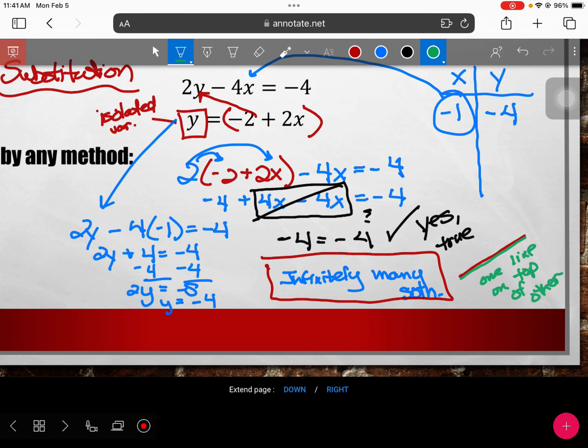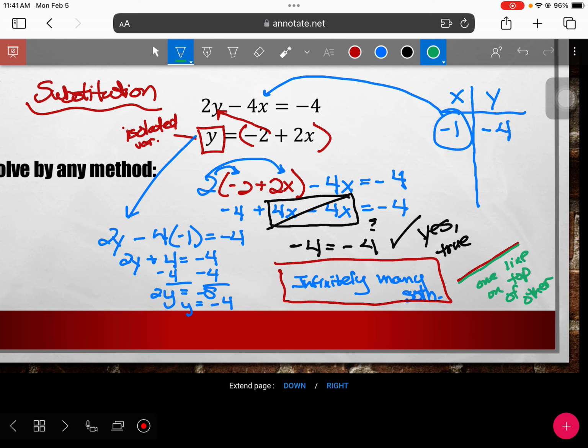Another way you can look at this, we already have this as y equals negative 2 plus 2x. Try to solve for y here and see what you get. I could say 2y minus 4x equals negative 4. Solve for y. Add 4x, add 4x.